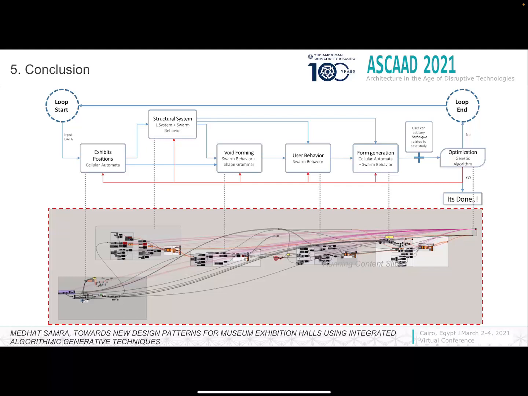This interactive expert system can be formed by the designer according to different case studies. He or she can interact and modify inputs, evaluation criteria, technique selection, building type, plugins used, and optimization criteria. Transforming the output of one technique into the input of another technique is the core of this methodology.